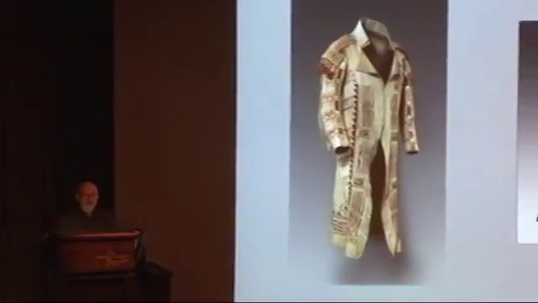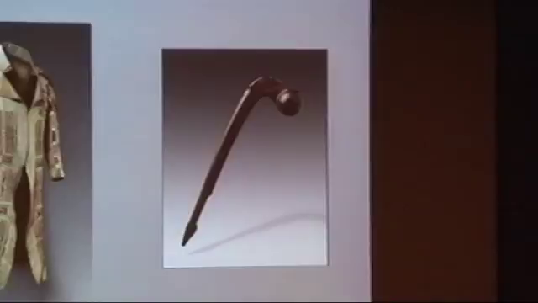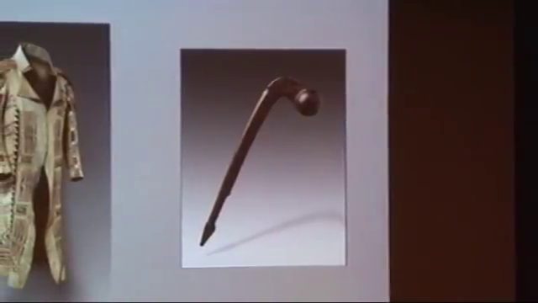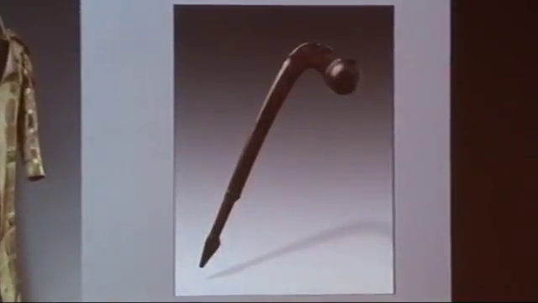On the far image is another great object. It's a ball head club, and this is a fundamental weapon found throughout the Northeast and the Great Lakes. All of these cultures were, I will say, warlike peoples. In other words, intertribal wars existed before the coming of Europeans, and once the Europeans were here, those continued and extended as well.